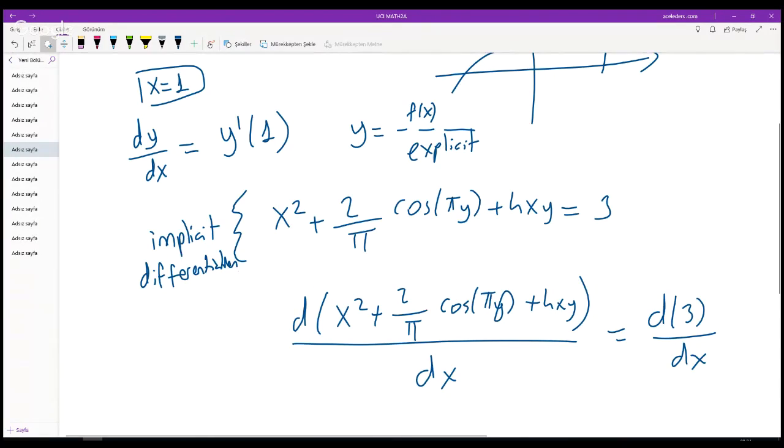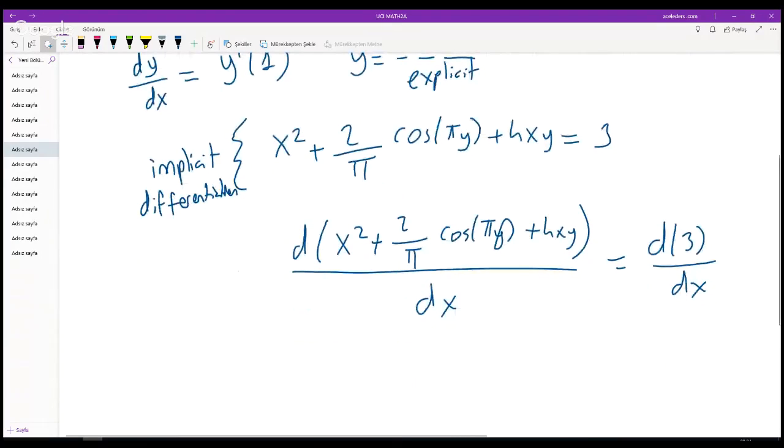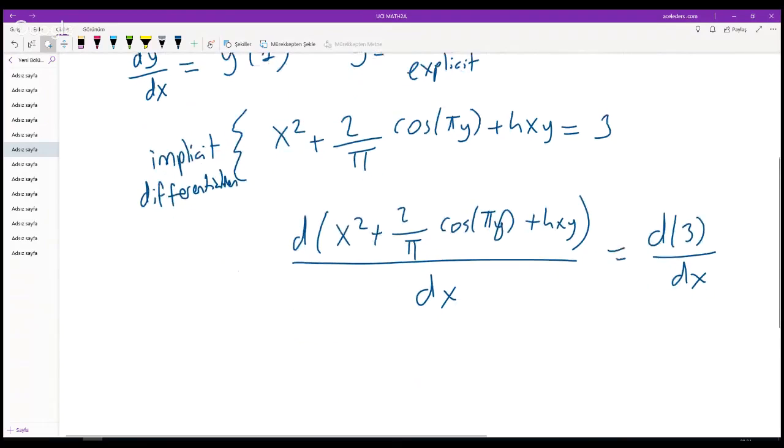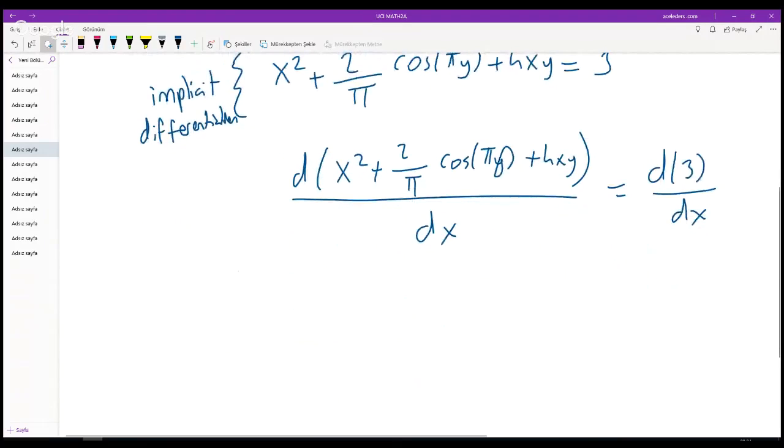Now think that both x and y can be differentiated with respect to x. Let's begin with x squared. The derivative of x squared with respect to x is very easy, which is 2x, right? Now we have 2 over pi times cosine of pi y.